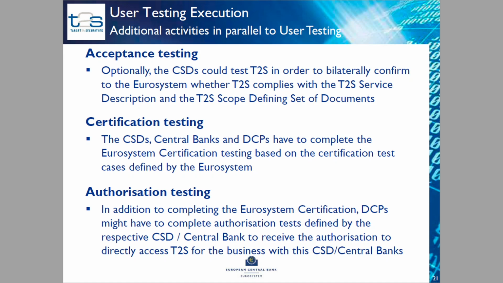Well, it's not optional, they can anyway test T2S, but they have the opportunity to come back after 6 months from the start of user testing to say whether they find that T2S is exactly in accordance with the service description and the T2S scope defining set of documents. This 6 months will start from the 1st of October 2014.